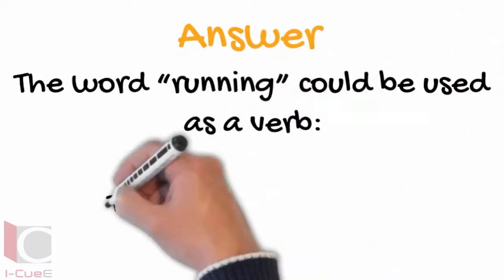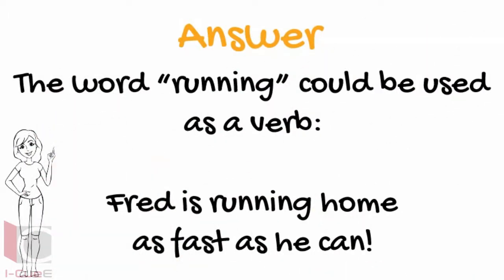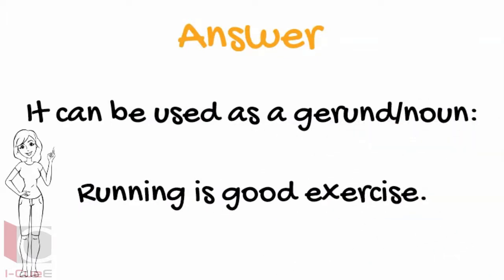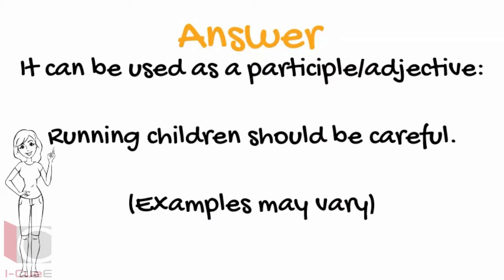The word running could be used as a verb. Fred is running home as fast as he can. It can be used as a gerund or noun. Running is good exercise. It can be used as a participle or adjective. Running children should be careful. Examples may vary.